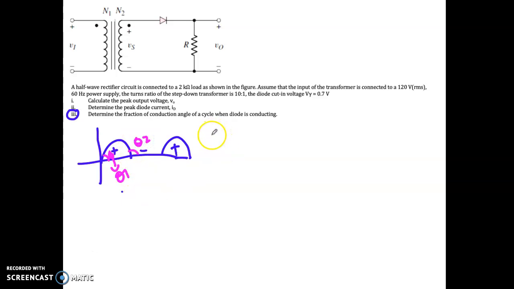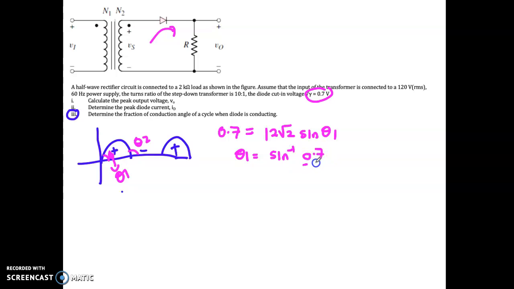So how can you get theta 1? You know when the diode starts to turn on, the minimum voltage is 0.7. So 0.7 equals your Vs, which is the peak, 12 square root 2 sine theta 1. So theta 1 equals sine inverse of 0.7 divided by 12 square root 2.